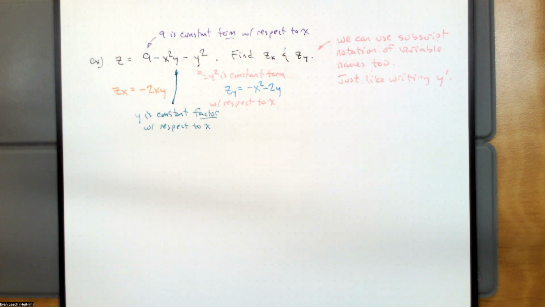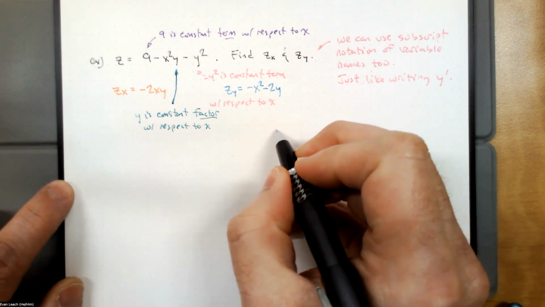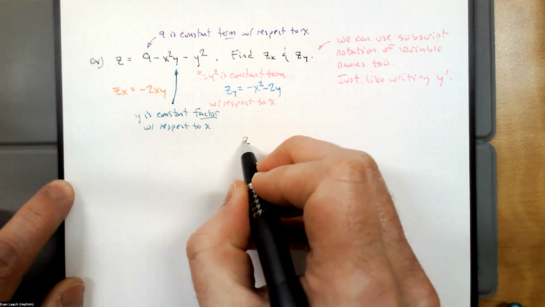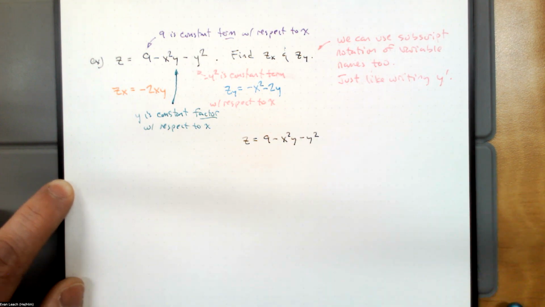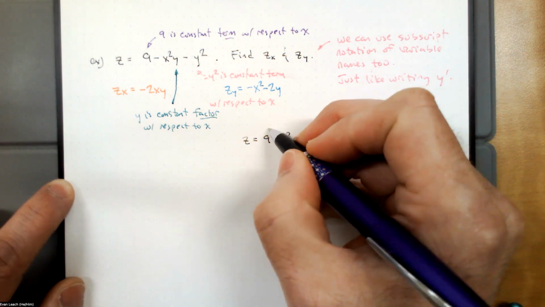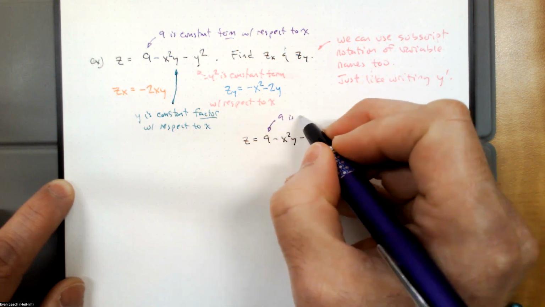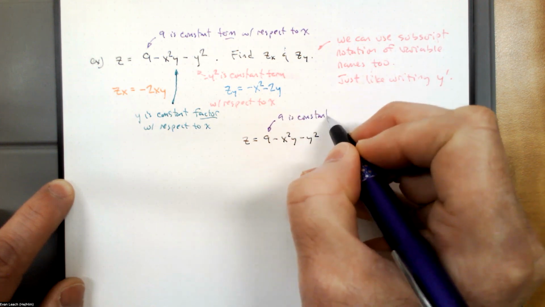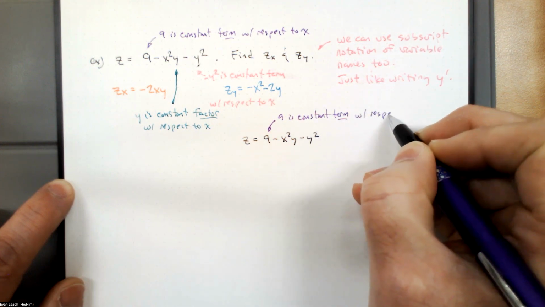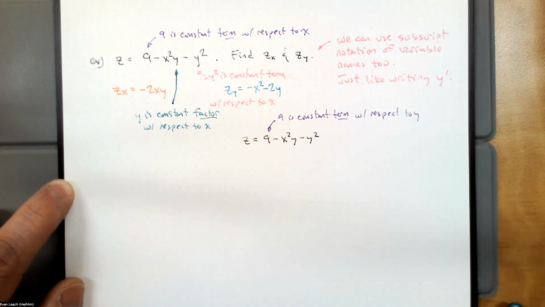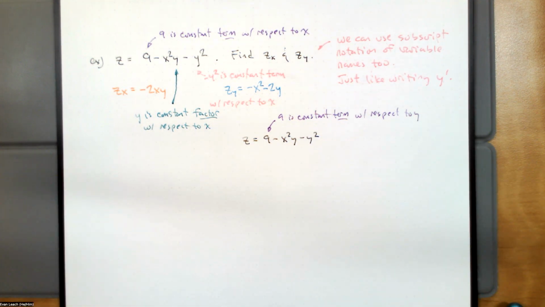So as far as zy, I kind of knew I didn't want that there, but it's fine. If our read on the function goes a little differently, we have 9 minus x squared y minus y squared. 9 is a constant term with respect to y. In the second term, the minus x squared is a constant factor.